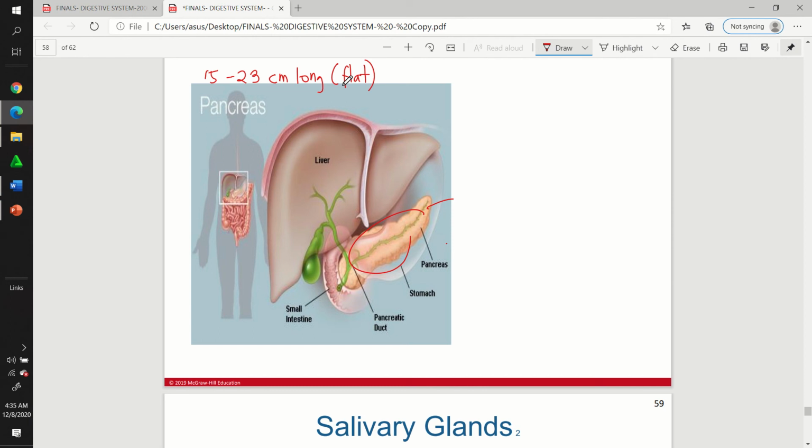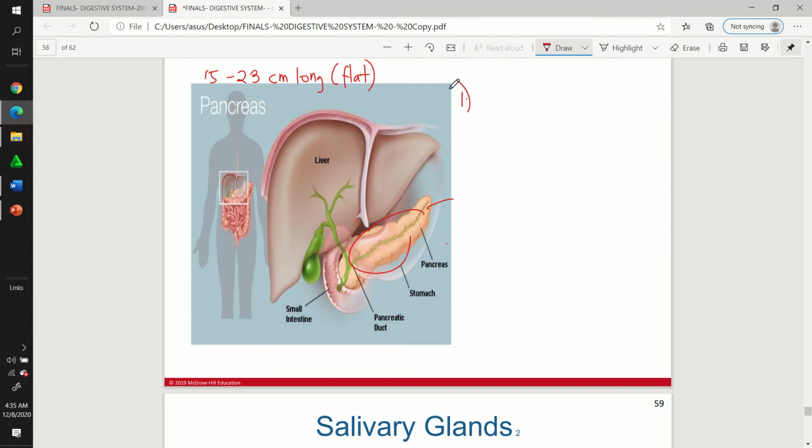Now, remember that your duodenum chemically absorbs nutrients. What are the important enzymes produced by your liver?